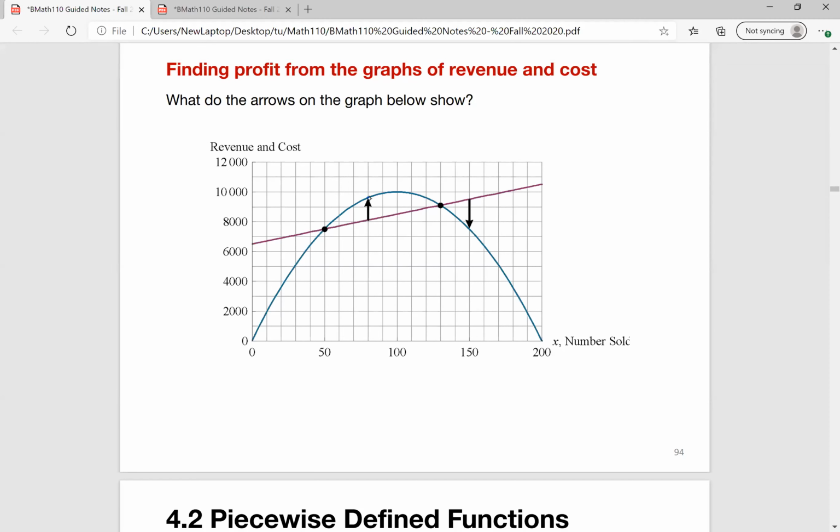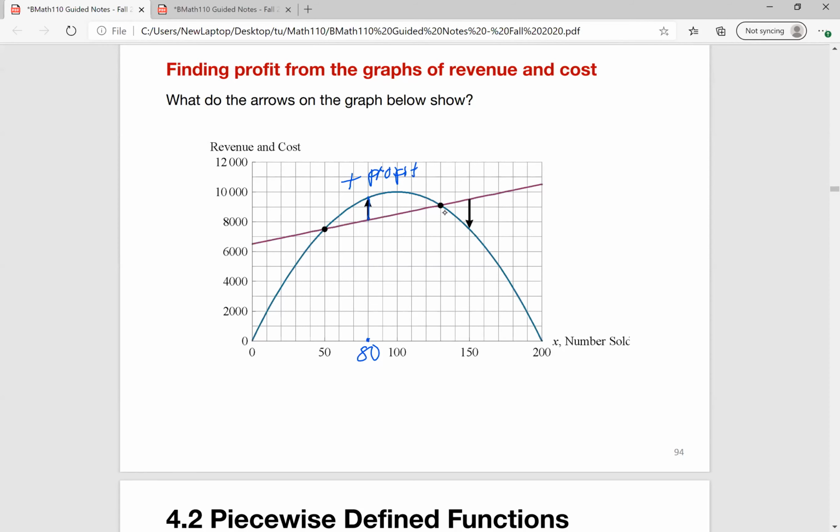So in here, that's what the arrows on the graph below show. If you are at 80, you will have a positive profit, right?